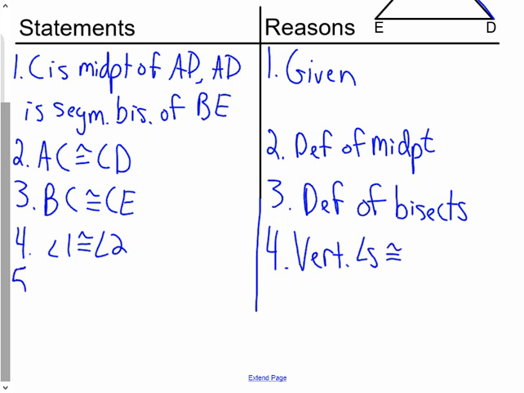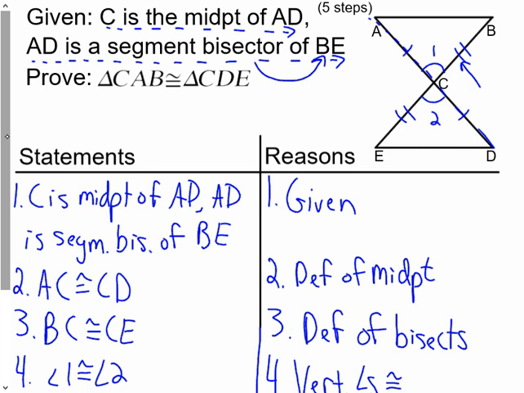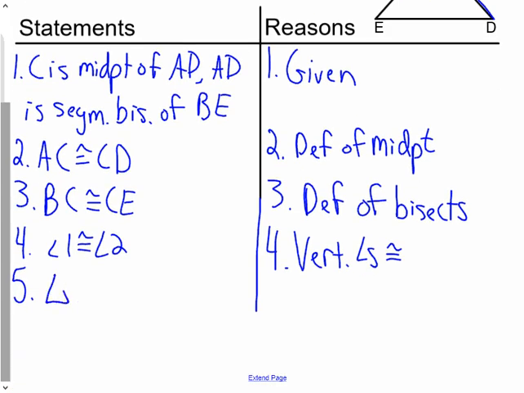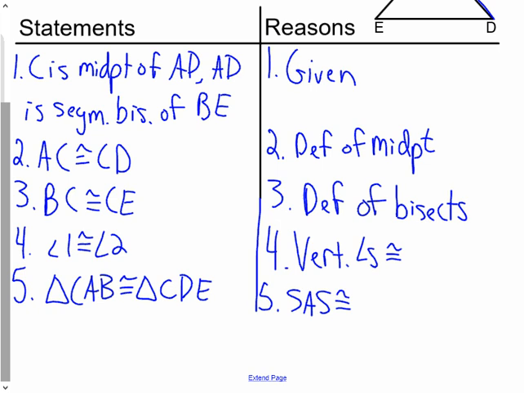And then that's it. We've got side, angle, side. Usually double check the side, angle, side. And that is good. So we got CAB and CDE are congruent by side angle side. I'm going to put a congruent mark there because we'll learn there's a similarity version of that as well.